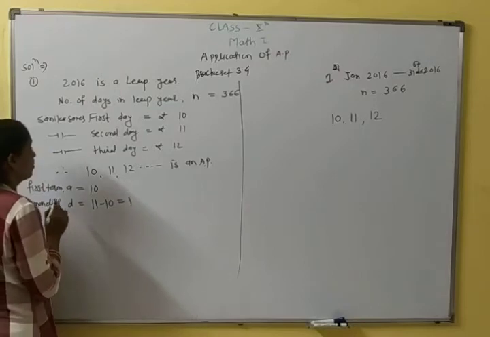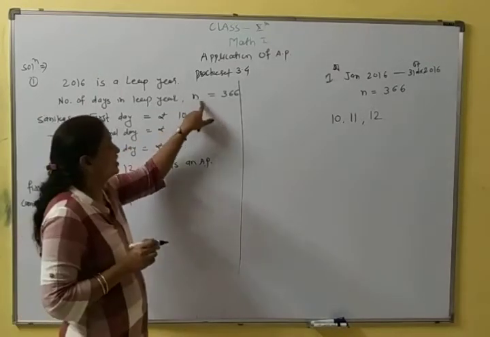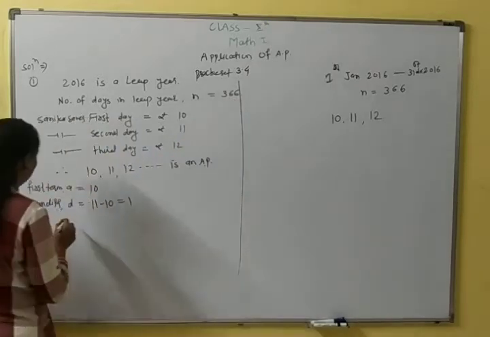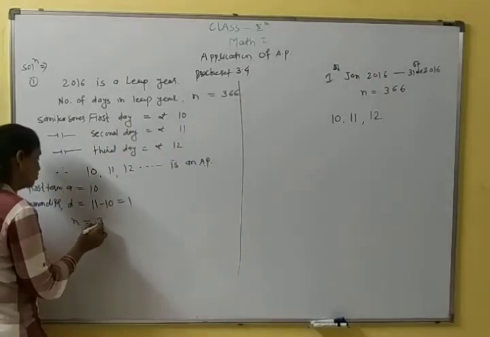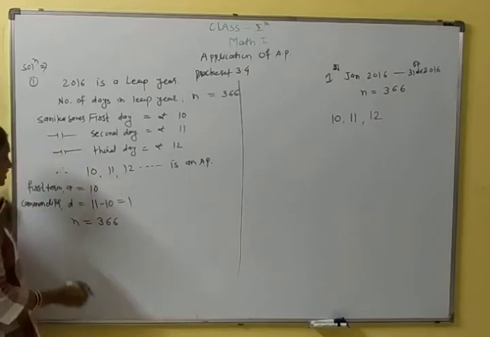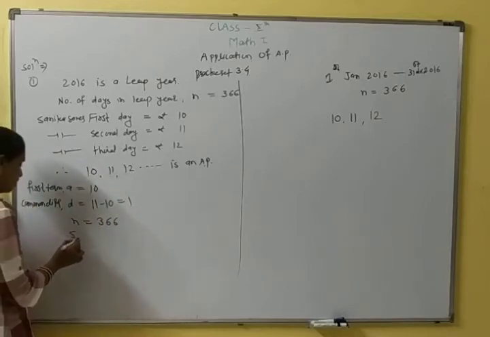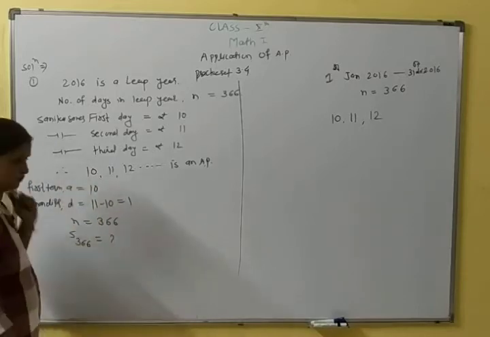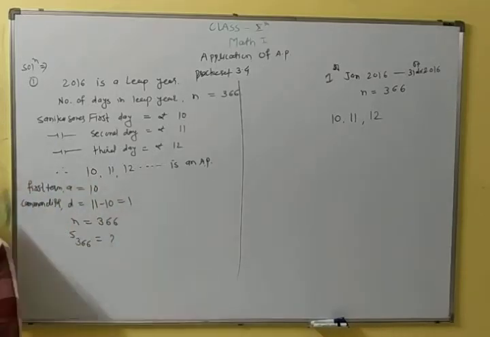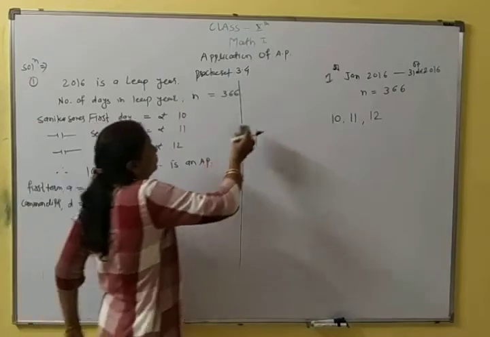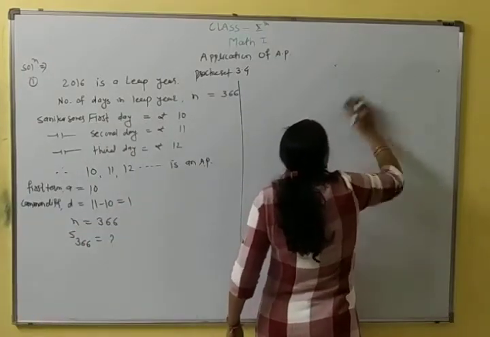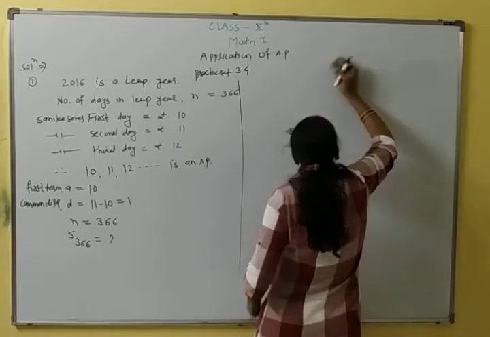So the number of days in a leap year is 366. So here n equals 366, and we find S of 366. Put all the values.